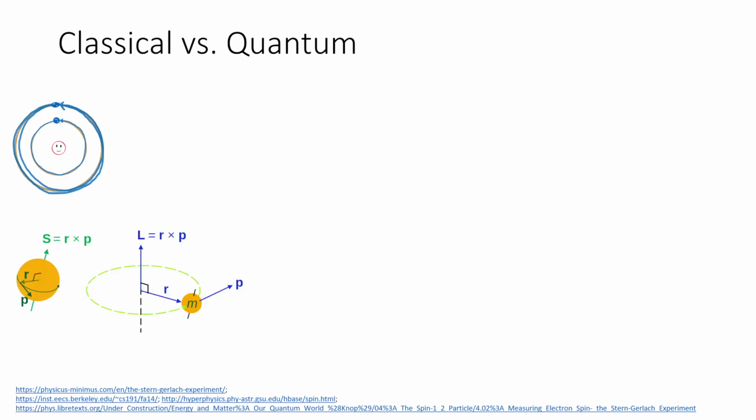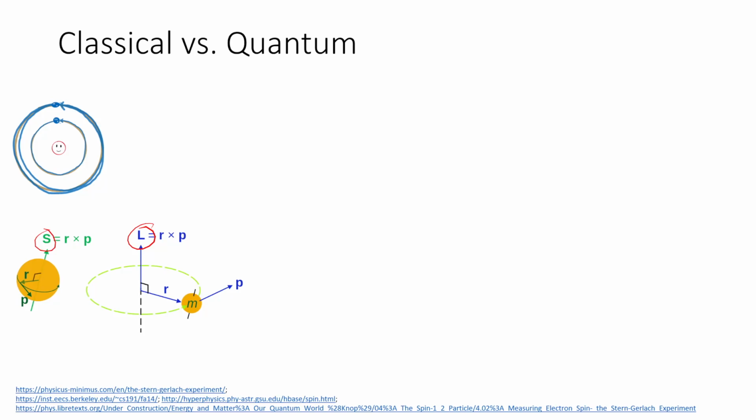So from classical physics, if something is either revolving around an axis or rotating around an axis by itself, then it has angular momentum. This is the orbital angular momentum, and this is the spin angular momentum.